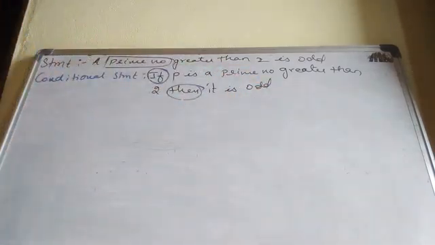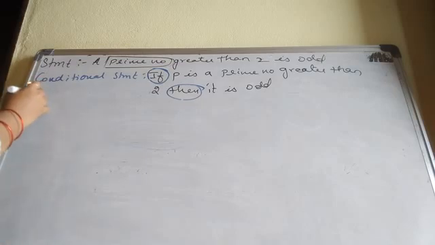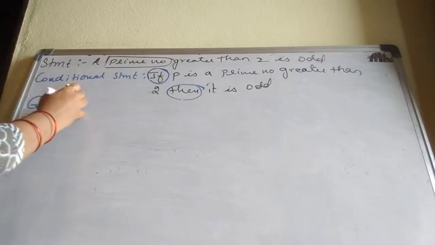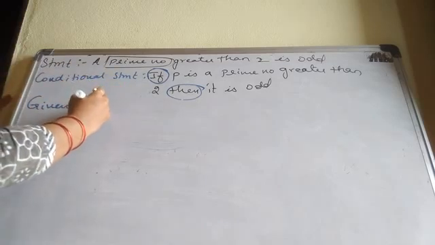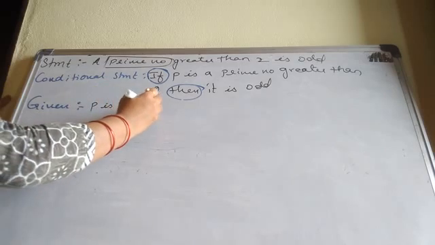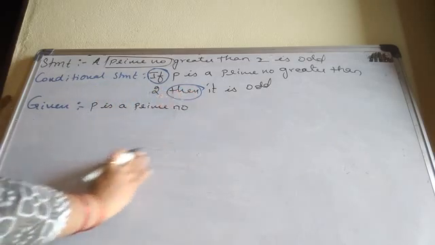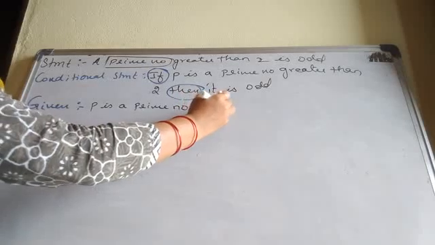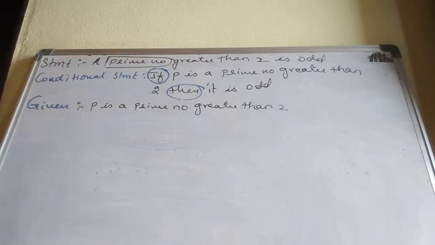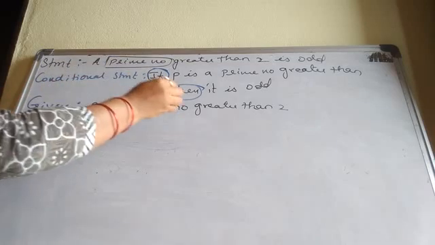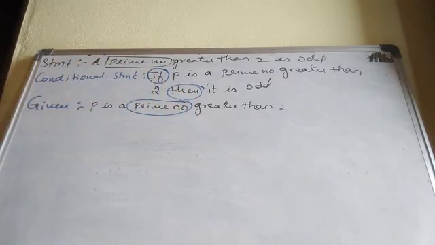So in the theorem, first I will write given. Given what? P is a prime number greater than 2. So here the word prime number: the prime number definition was that a number has only two factors.